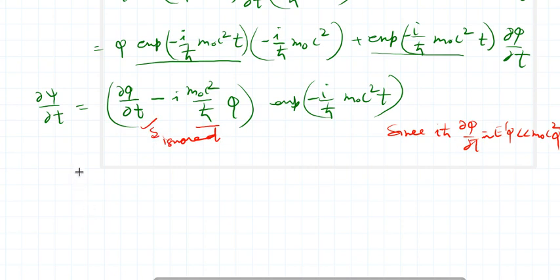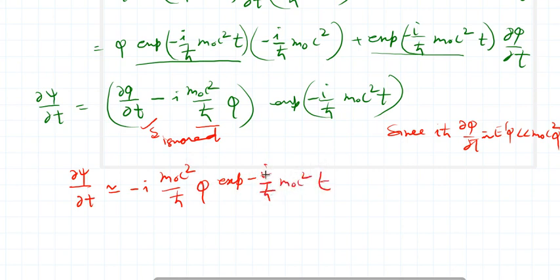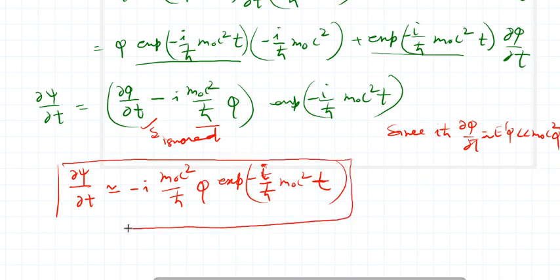If I ignore this, then ∂psi/∂t comes out to be nearly equal to minus iota m naught c square over h cross phi times exponential of minus iota over h cross m naught c square t, right? So that's what we are getting here. This is ∂psi/∂t, and let me call this equation number 6.